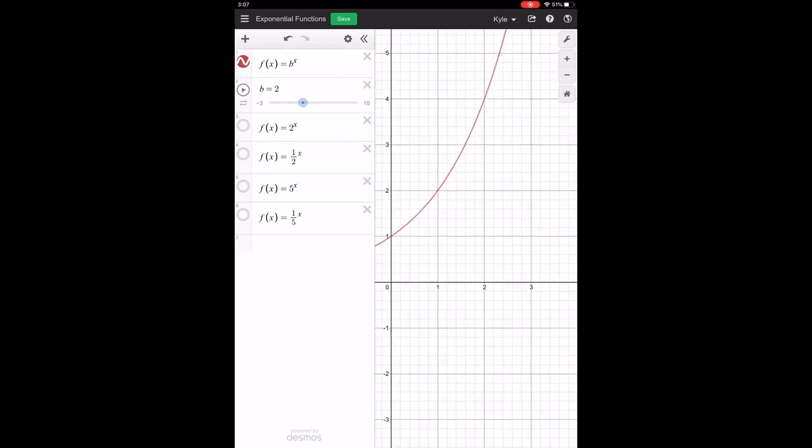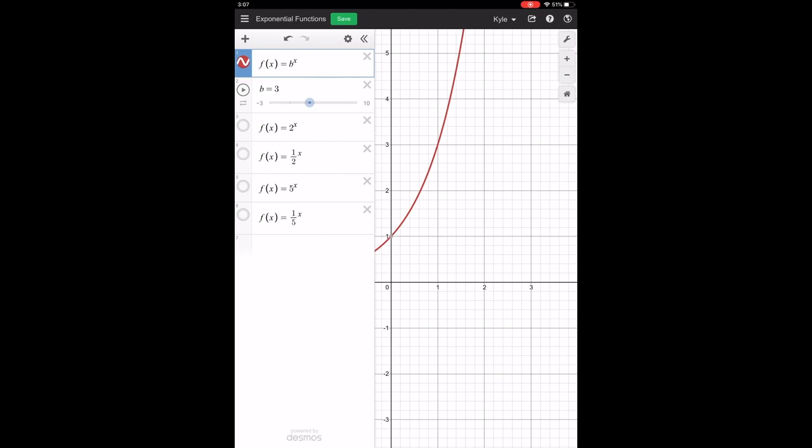Let me reposition the graph here and change b to 3. Now, what do you notice? Well, obviously, we're more narrow. We're increasing a lot quicker.